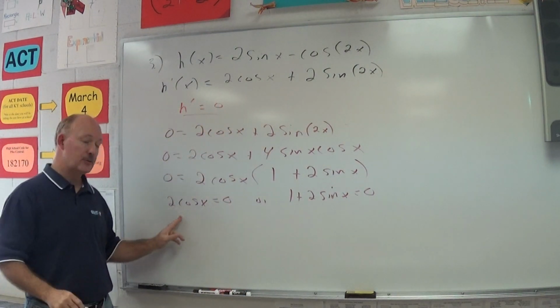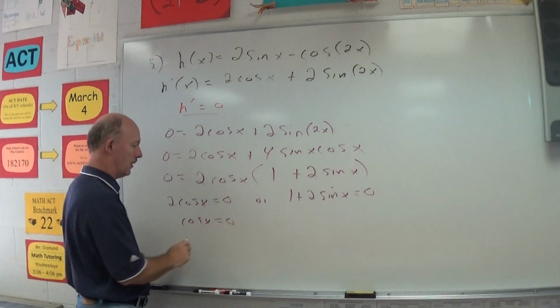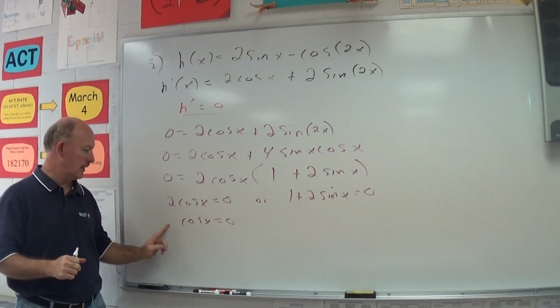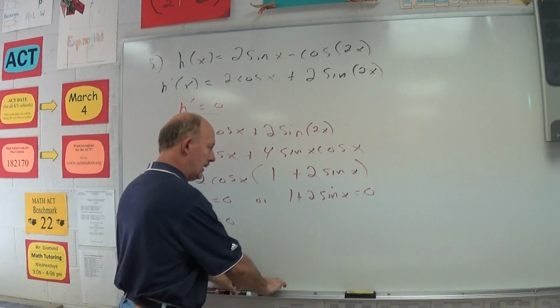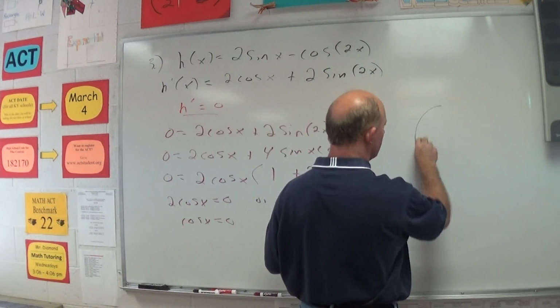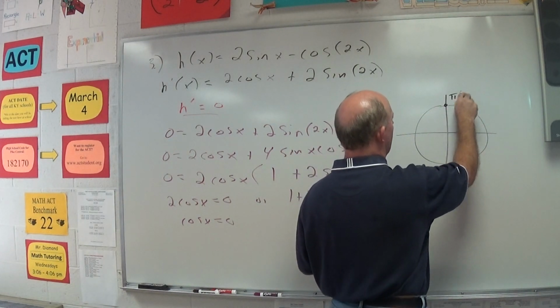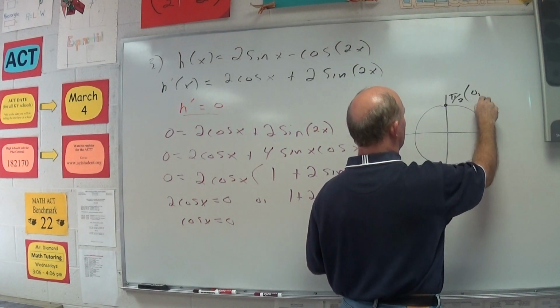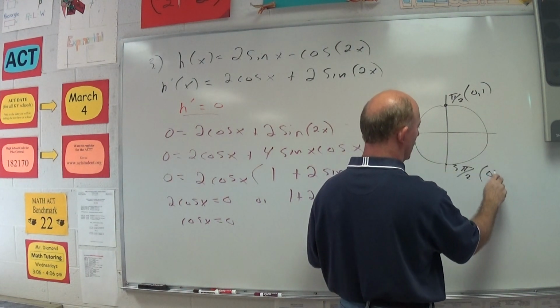Now let's solve the first one. Divide both sides by 2 gives us cosine x is equal to 0. So 0 divided by 2 gives us just 0. So the cosine x is equal to 0. Now if you remember the unit circle, the cosine is equal to 0 here at pi over 2, and this is 0, 1, and down here at 3 pi over 2 at 0, negative 1.